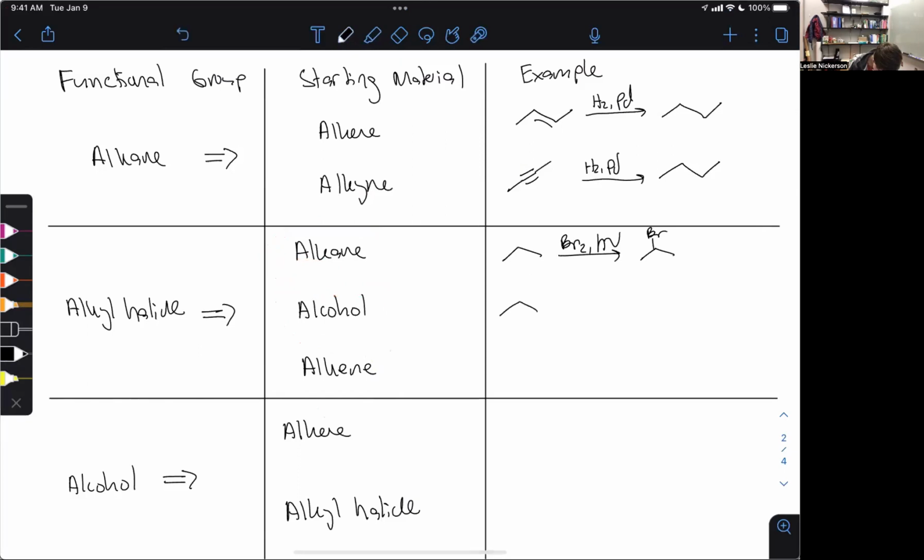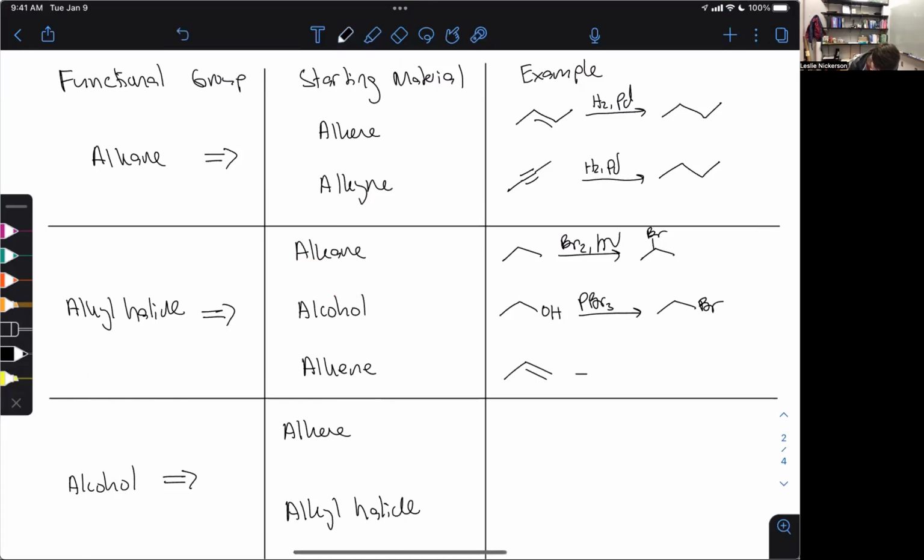If I have an alcohol, there's a variety of different ways that we can do this. We can use HBr, we can use PBr3, thionyl chloride. We've got quite a few options here. So this is definitely an example where there's more options than what I'm writing down, but we can definitely go from alcohol to alkyl halide.